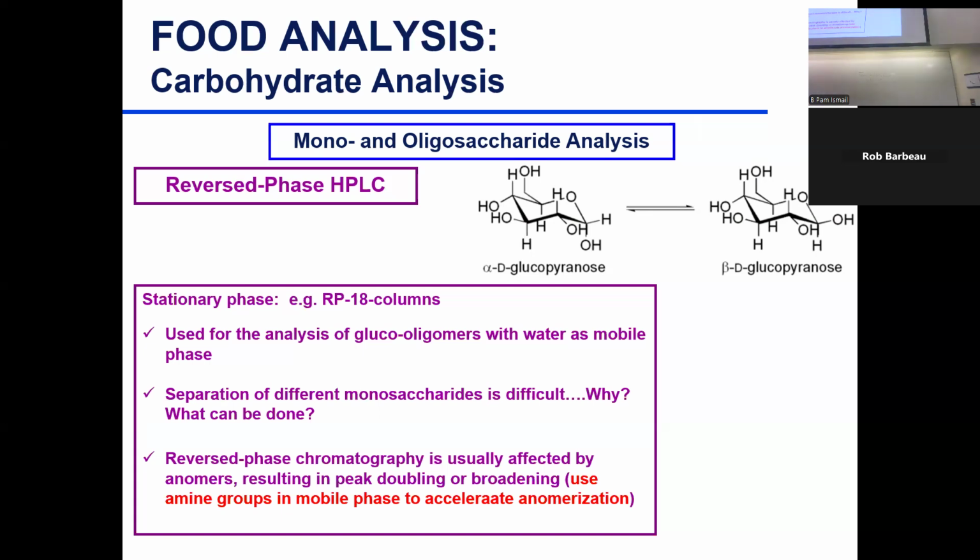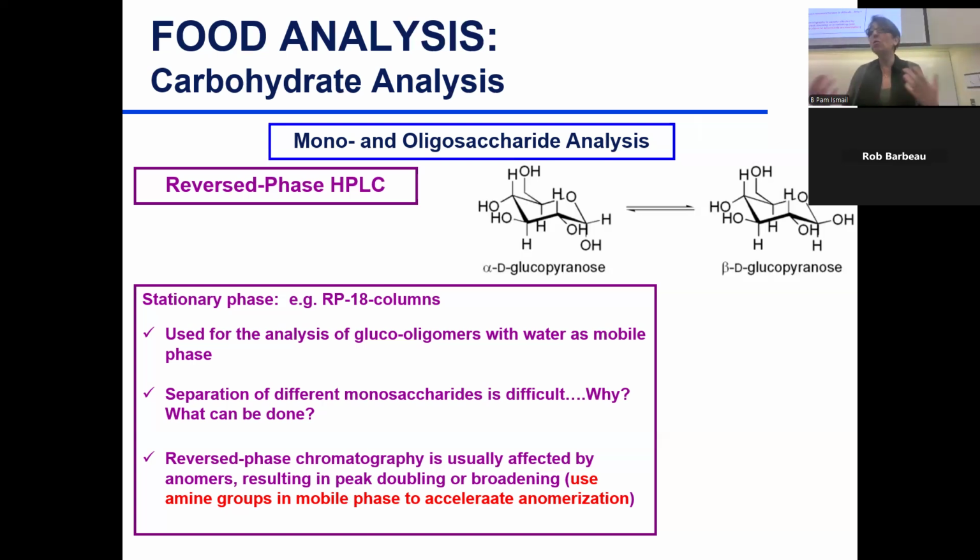Non-polar. So is glucose polar or non-polar? Polar. It will not like to interact with your C18 column. It will just want to come out very quickly, and then if you have a lot of monomers, you will not have good separation. They will not interact very well with the column. So it's really not great.